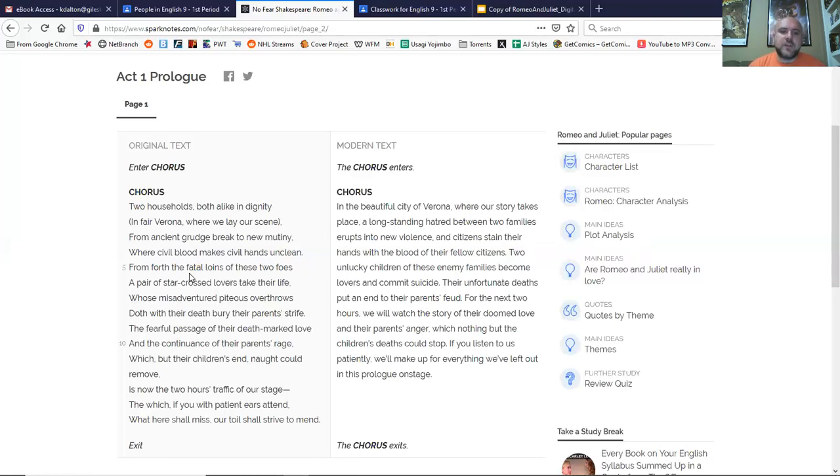And the continuance of their parents' rage, which but their children's end naught could remove, is now the two hours' traffic of our stage. So this battle, this feud that is so deadly that only the death of their children could stop it, is what we're going to watch for the next two hours. The two hours' traffic of our stage.